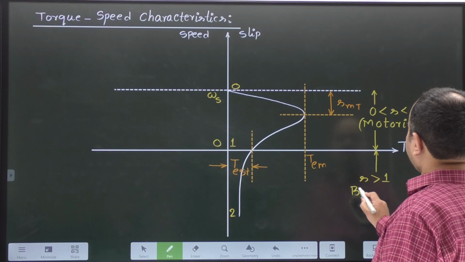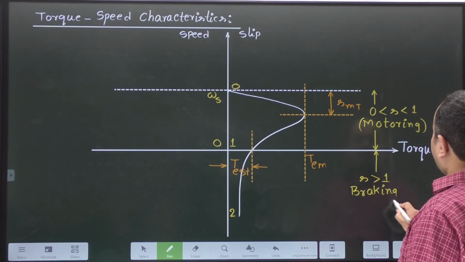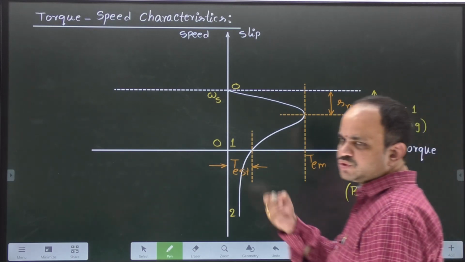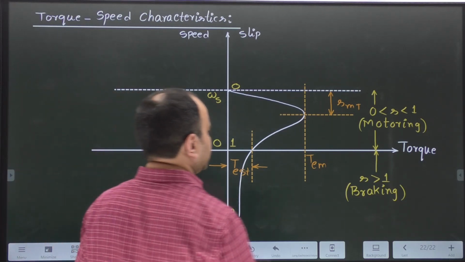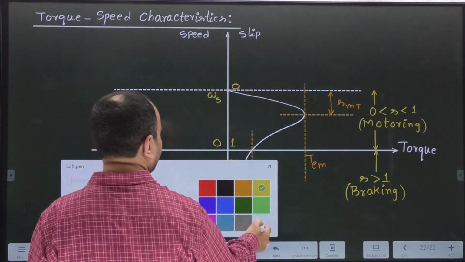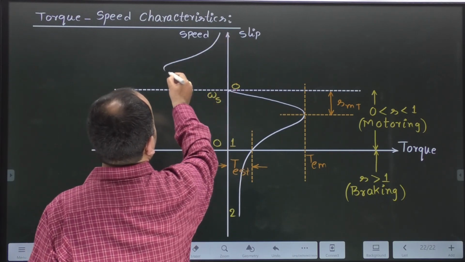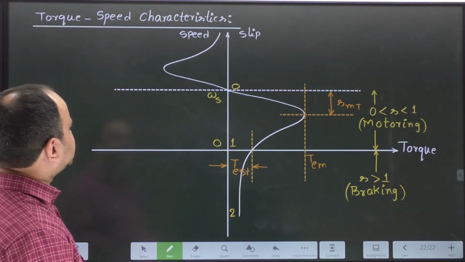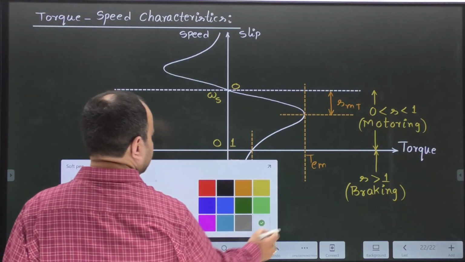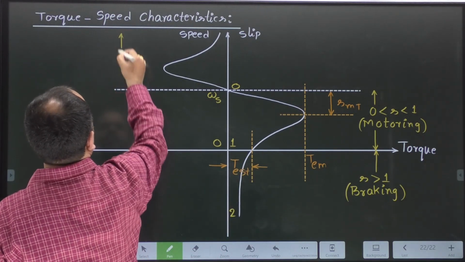This is called braking operation. Okay, in the induction machines course you might study it as a plugging operation also. So that is a braking operation. Whereas if the slip is negative, when the rotor speed is greater than synchronous speed, in that case slip is negative, that operation is here.